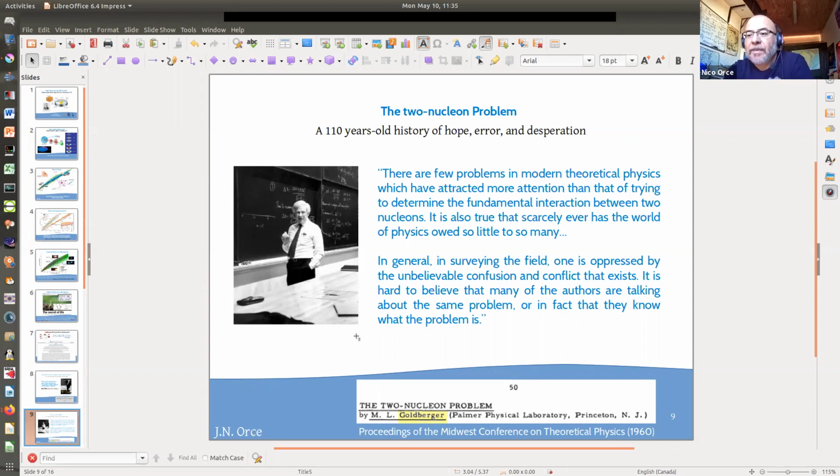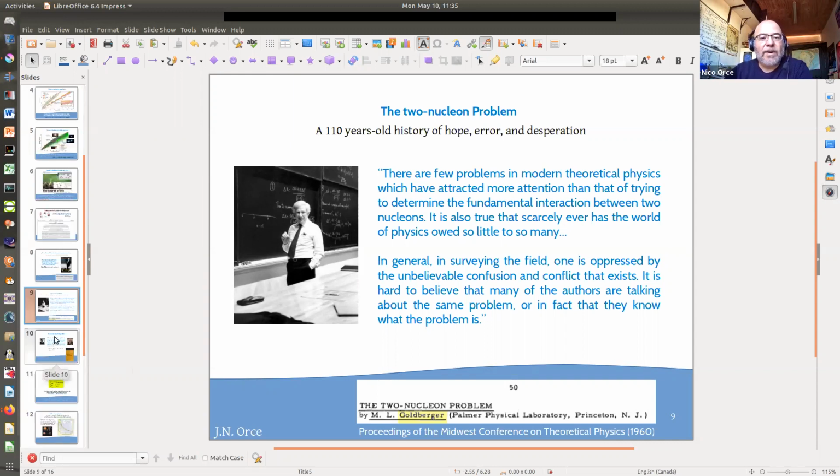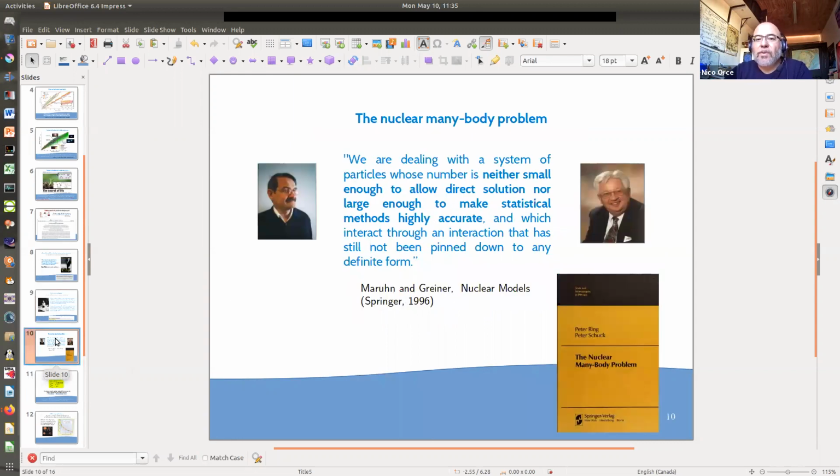He wasn't very happy with the situation of our understanding of the nuclear force, as you can see. But expressed quite roughly, the problem of the nuclear force is the nuclear many-body problem. What happens with the nuclear force is that we are dealing with a system of particles whose number is neither small enough to allow direct solution through, say, the Schrödinger equation, nor large enough to make statistical methods highly accurate.